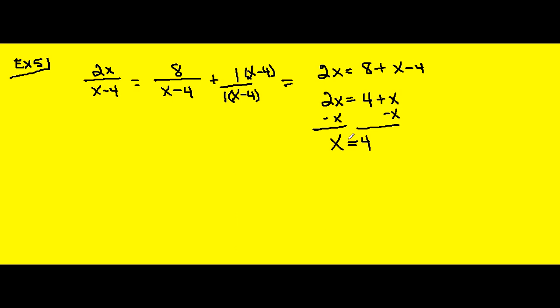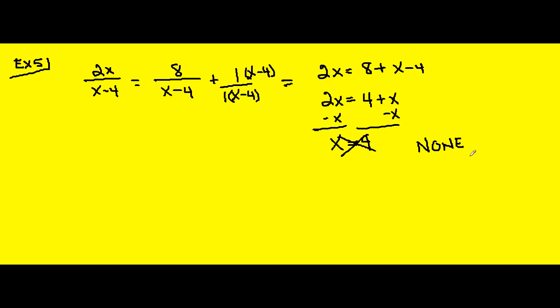However, when I substitute 4 for the x in the equations in these denominators, what happens? They become undefined. It becomes 8 over 0. So that means x is not a solution. My solution for this problem would be none.